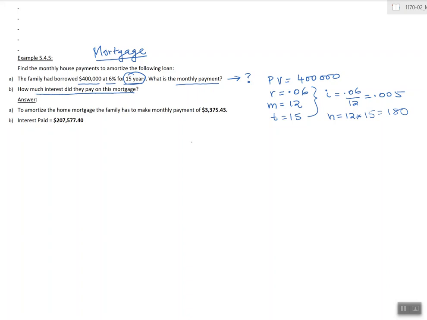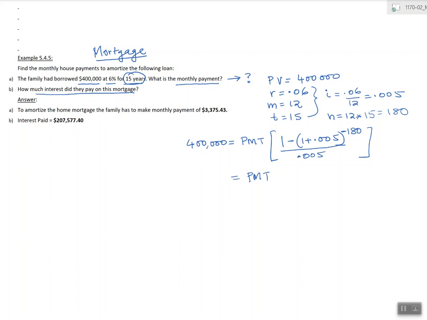Okay, so we are ready to substitute. 400,000 is PMT times (1 minus (1 plus 0.005) raised to the power negative 180) divided by 0.005. Again, reminding you, this is a negative exponent.